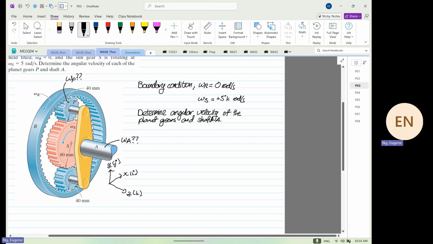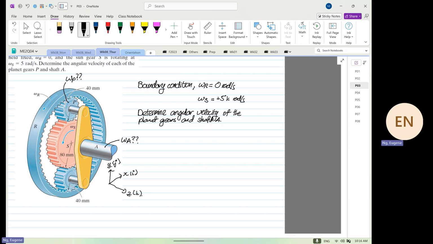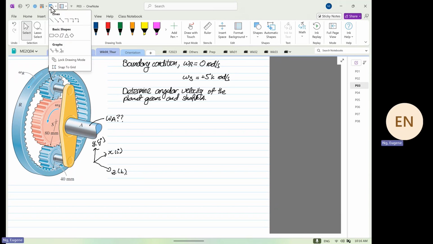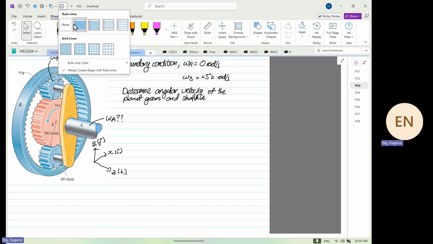Okay, we declare that first. So now the diagram seems to be really crowded, really cluttered. So we are going to make the diagram not so cluttered, because there are some things that we can get rid of.